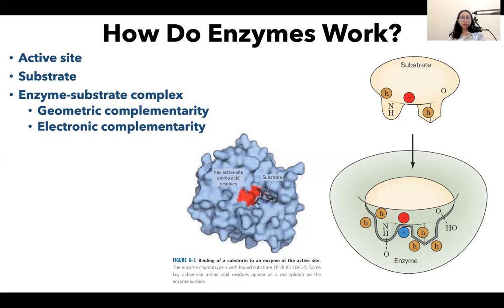On the other hand, if you have very weak interactions between your substrate and the active site, then your substrate can leave the active site even before the reaction has taken place. So enzymes and substrates were optimized to have this perfect degree of interaction.